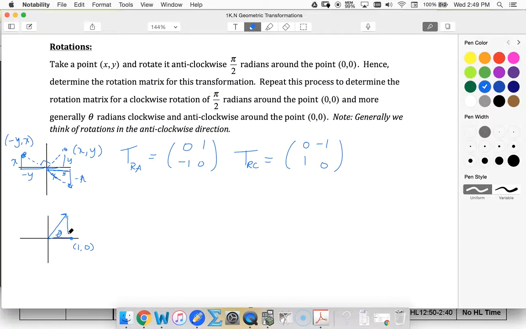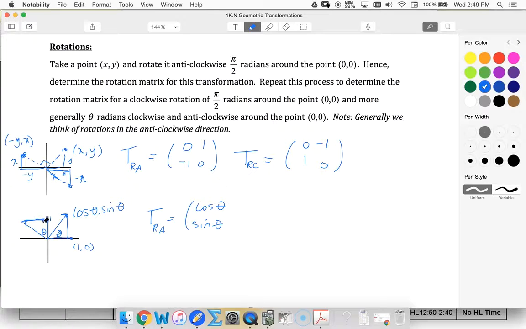So in this case, again, I've got a length of 1 here, and now my coordinates are cosine theta and sine theta. So T of (1, 0), so this is going to be a theta rotation anti-clockwise, I'll end up with (cosine theta, sine theta). And now if I think about taking my standard unit vector (0, 1) and rotating it by theta, well, I can look at this right triangle here.